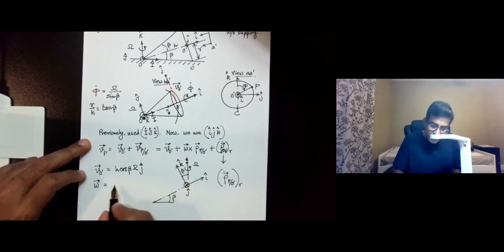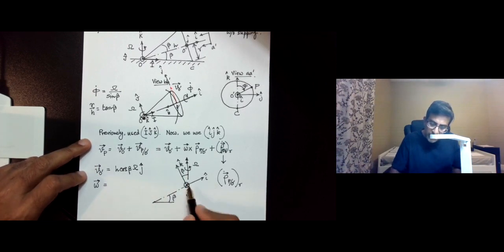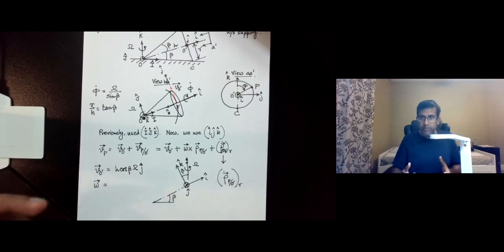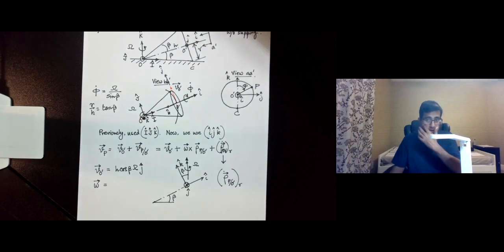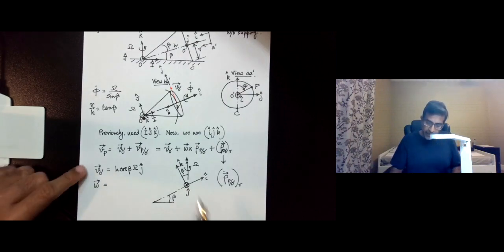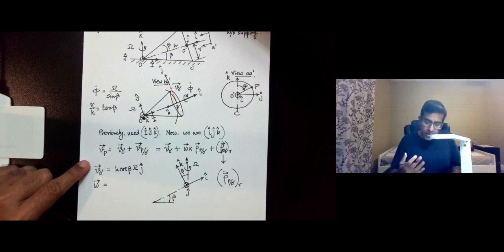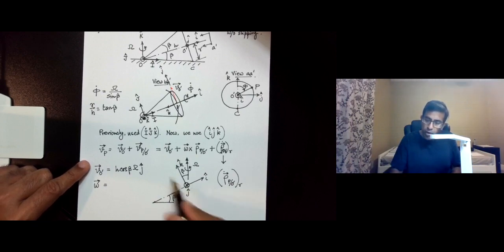So now I'm trying to solve this problem with small ijk as my unit vectors. So I want to express all the vectors in terms of small i, j and k.